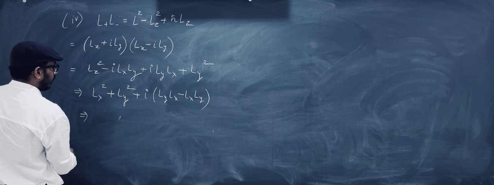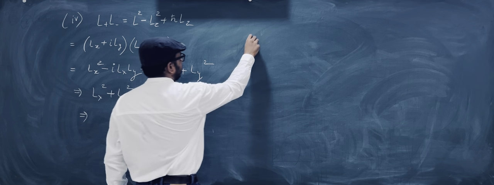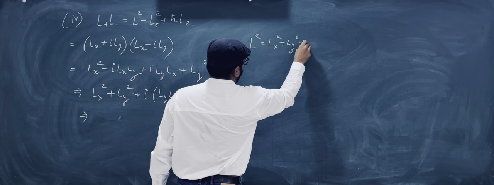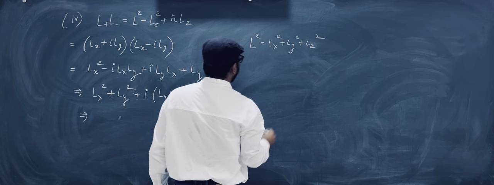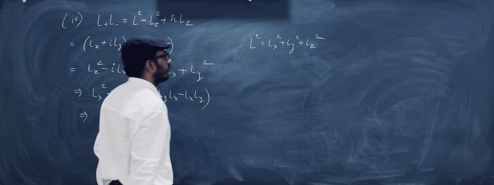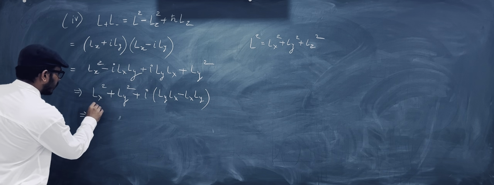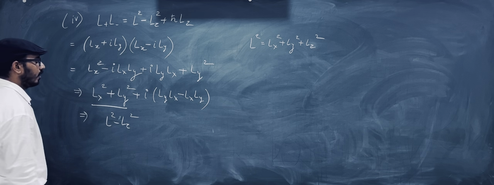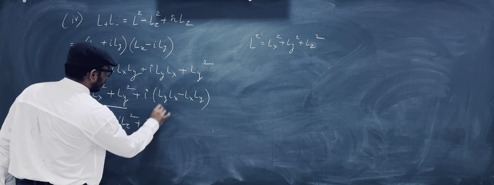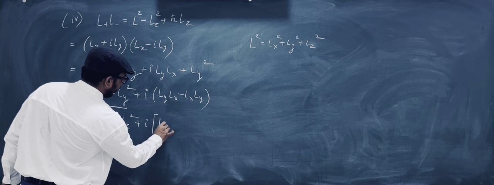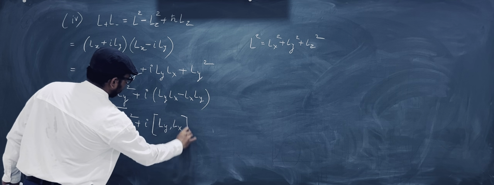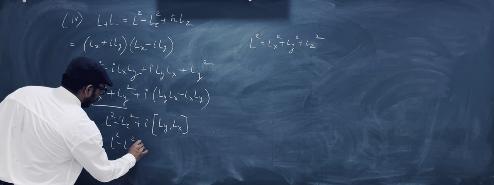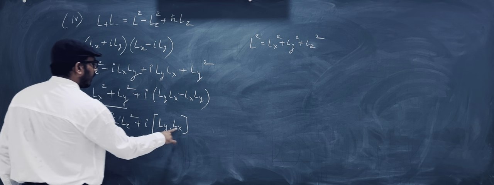So we know that L square is Lx square plus Ly square plus Lz square. So Lx square plus Ly square can be written as L square minus Lz square. So this thing can be written as L square minus Lz square plus I, and this is nothing but bracket Ly Lx minus Lx Ly.